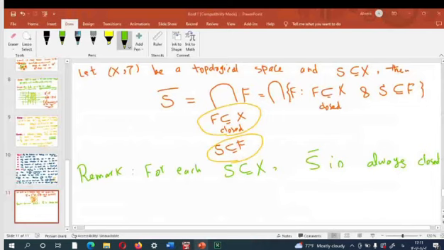I write this for you. S bar is closed because S bar is an intersection of closed sets, okay?